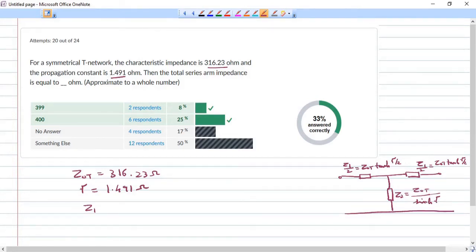So we are asked what is Z1. Okay. So we have the expression Z1 by 2 is equal to Z0T tanh gamma by 2.